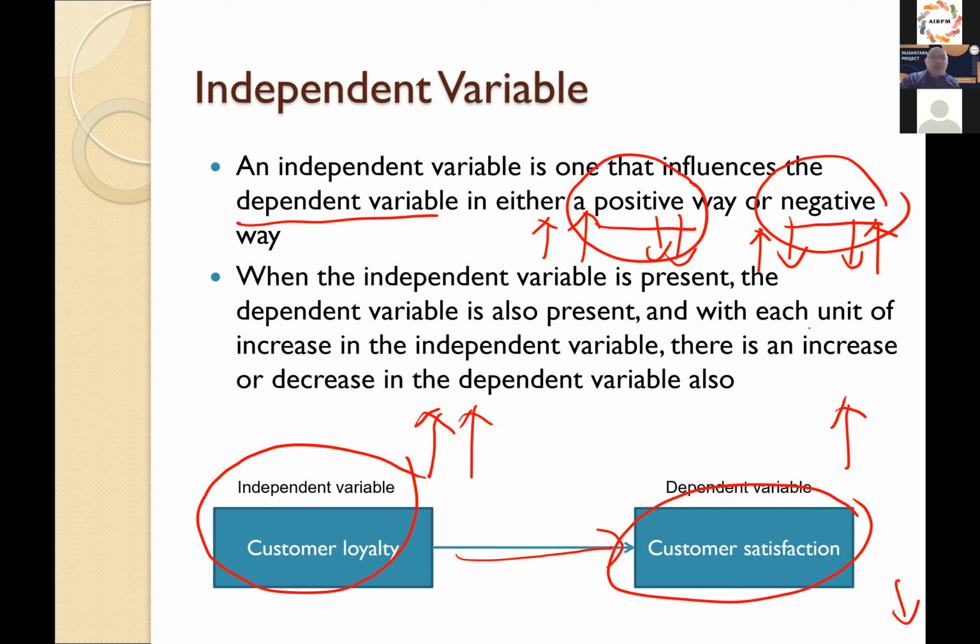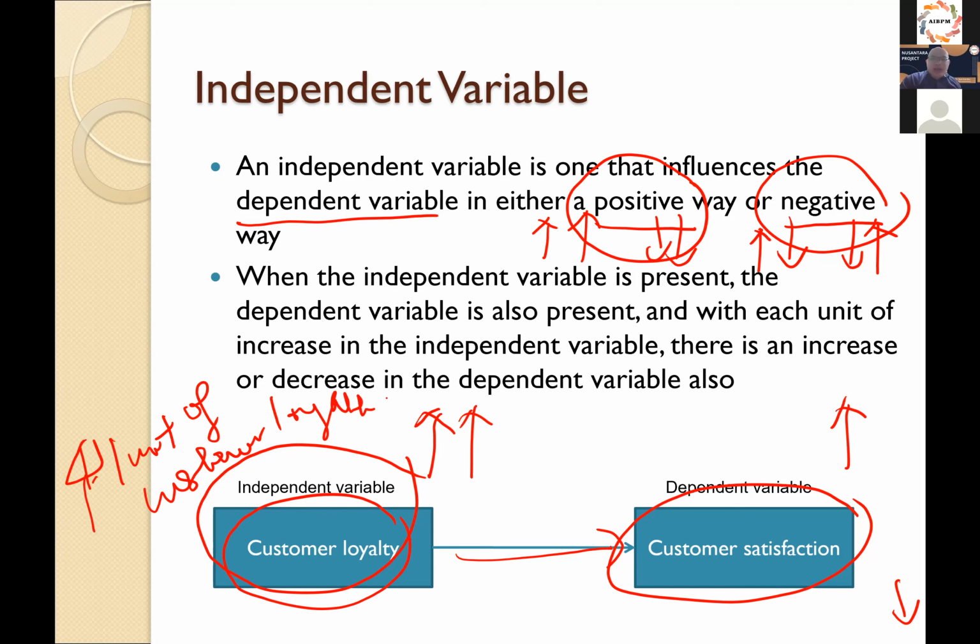So with each unit of increase in the independent variable, that means one increase. Let's say I increase 1 unit of customer loyalty. There will be an increase or decrease in the dependent variable.